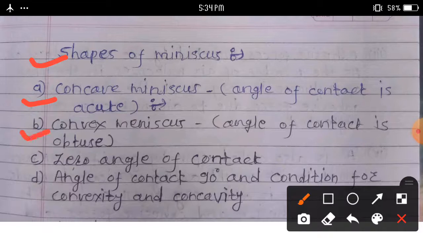Second case, convex meniscus; the angle of contact is obtuse. Next, zero angle of contact. And fourth, angle of contact 90 degrees and the condition for convexity and concavity. These four cases we discuss with the help of molecular theory.